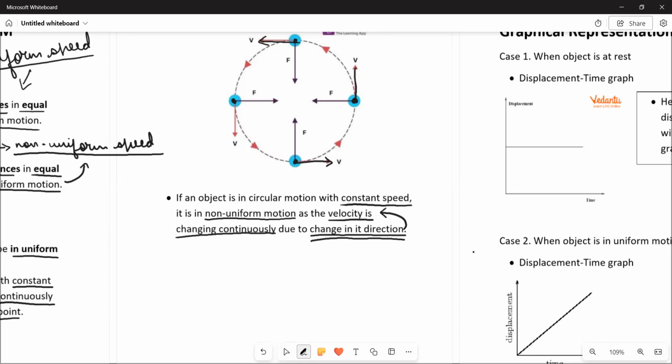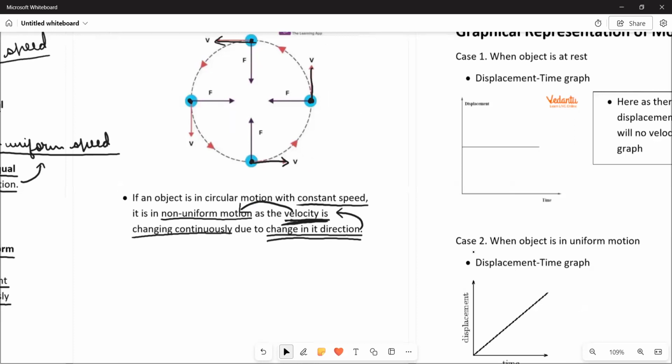And as velocity is changing, there is a change in the motion. As velocity is changing, we will not get a uniform velocity, and as there is no uniform velocity, there will be a non-uniform motion. Okay, so as velocity is changing continuously due to change in the direction, we see that we are getting a non-uniform motion.